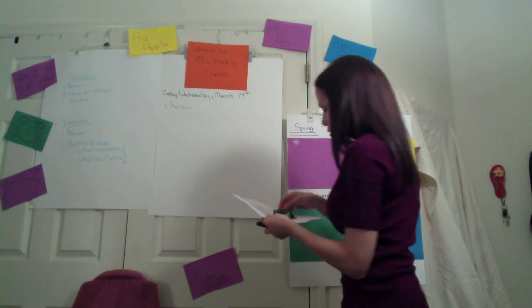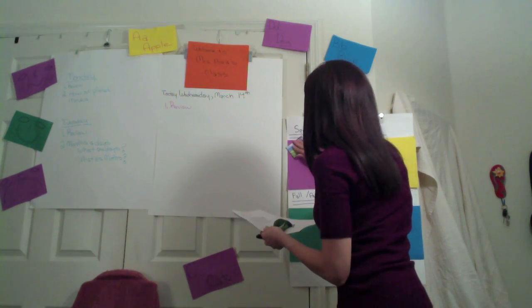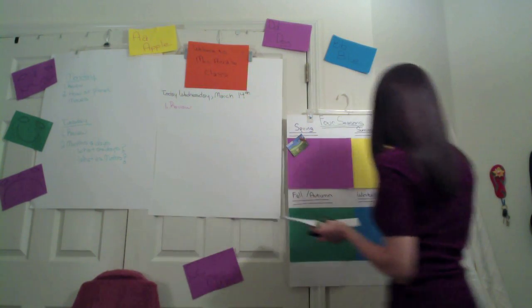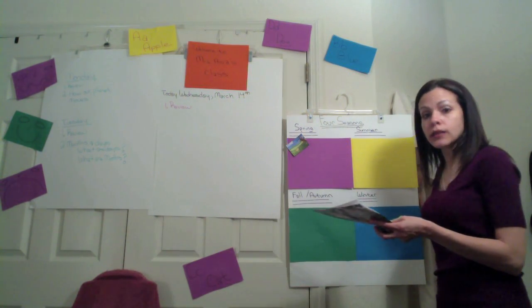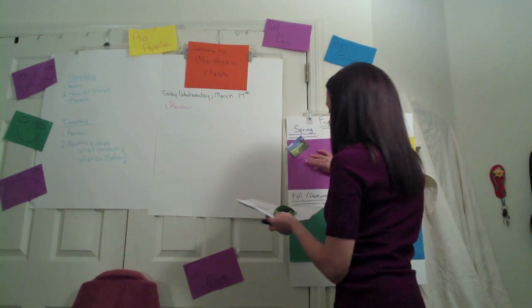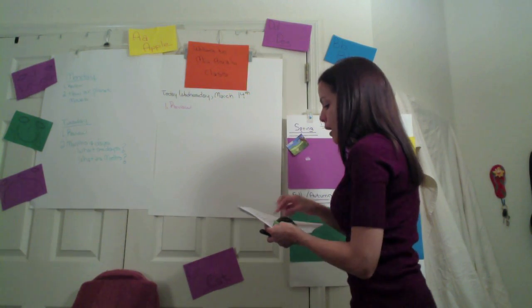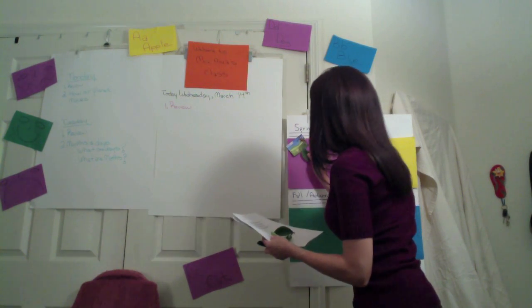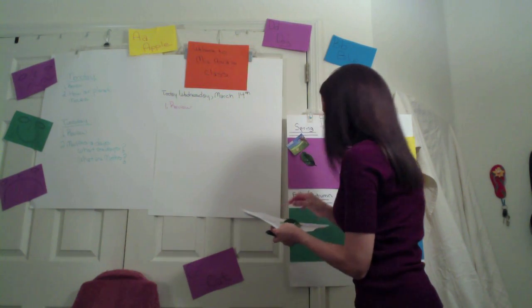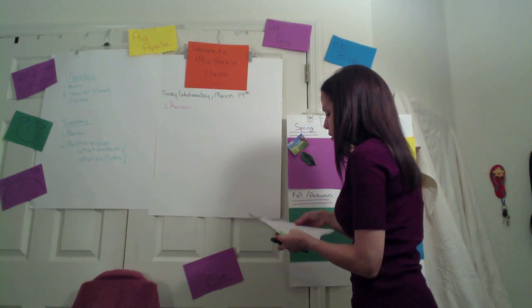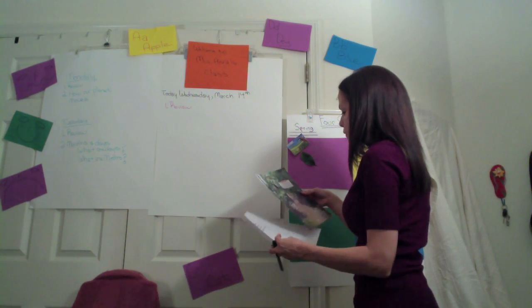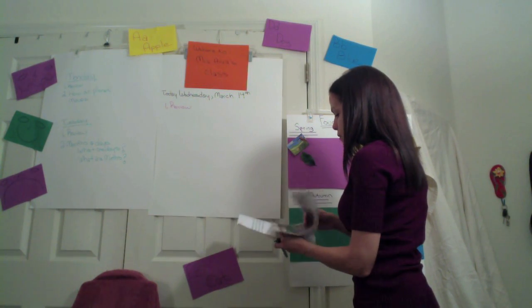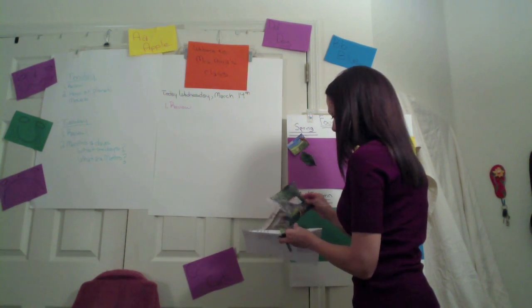You have a picture of spring, and you have some green leaves because the leaves start to get green in the springtime and the flowers start to bloom. Then you showed me a picture of spring with the flowers, and I will put that up here for you.